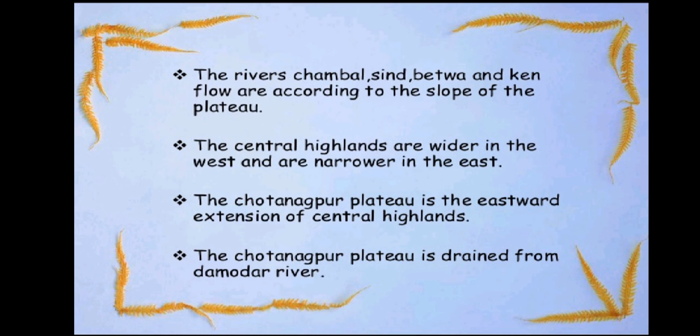The rivers Chambal, Sindh, Betwa and Ken flow according to the slope of the plateau. The slope is towards the eastern side. The Central Highlands are wider in the west and narrower in the east. The Chota Nagpur Plateau is the eastward extension of Central Highlands. Chota Nagpur Plateau is drained by Damodar River.